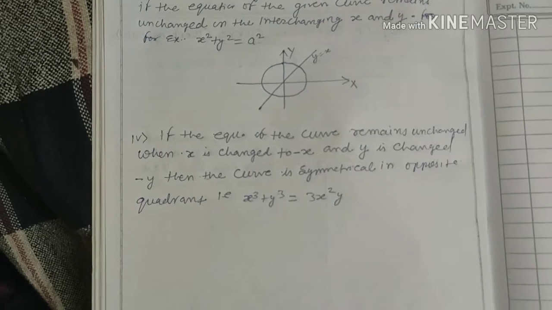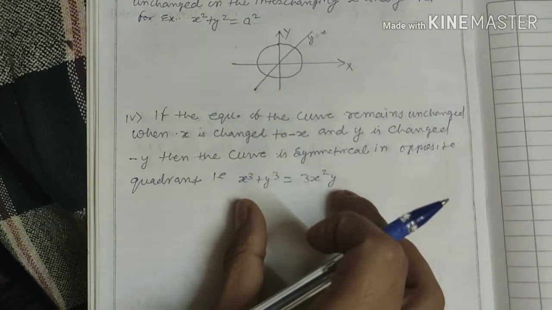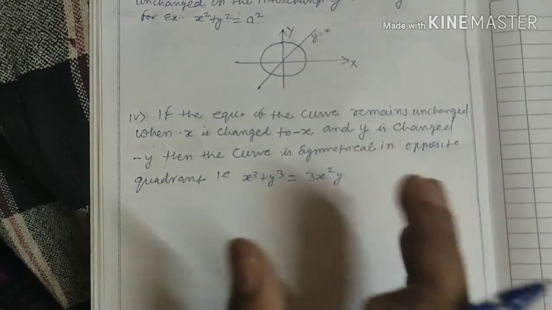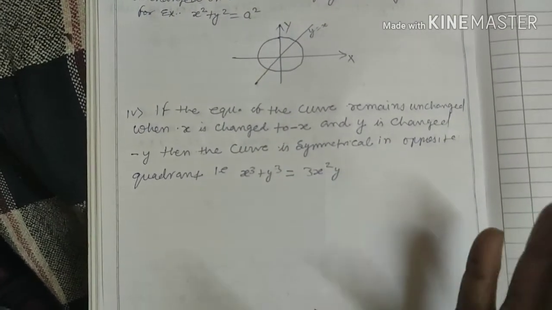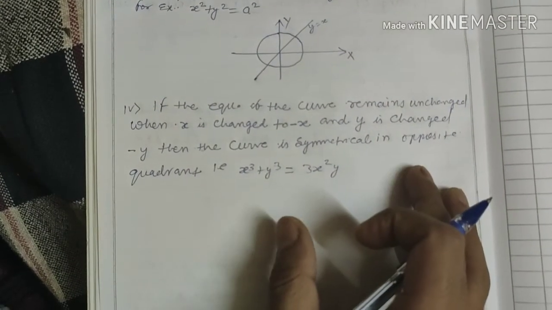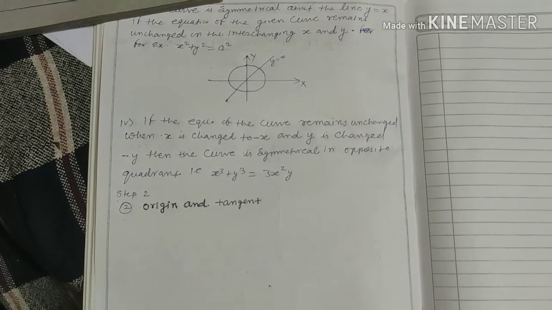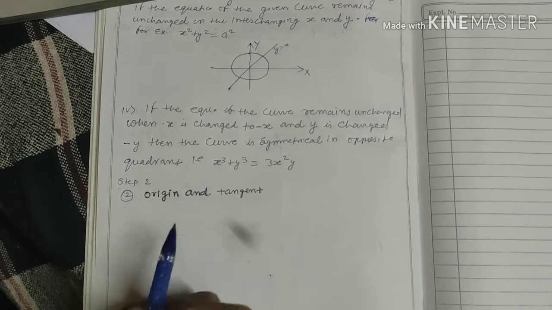Now the second step for tracing a curve is origin and tangent.